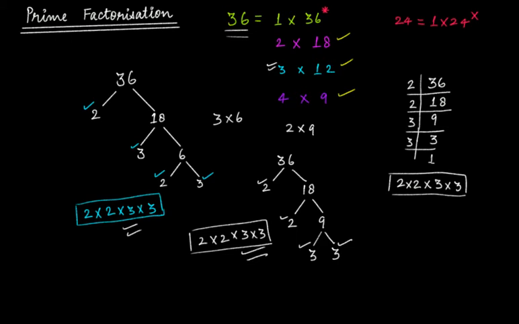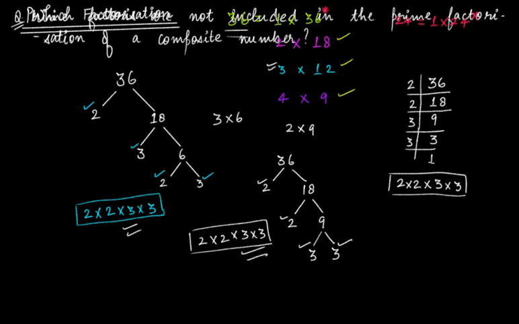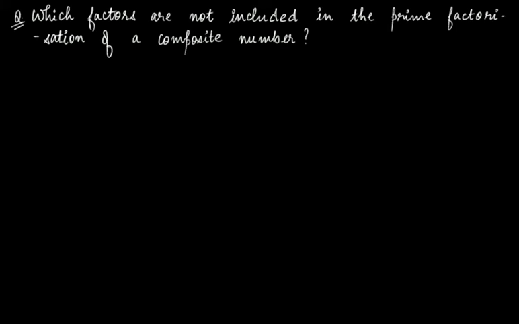And so let's take a fresh example. Suppose you have the number 48. Someone asks you to write it in the factorized form. So this will be 1 times 48. This can be 2 times 24.